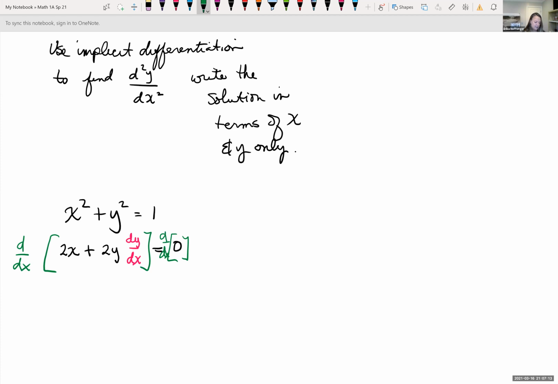so the derivative of 2x, that is just 2. And it was in terms of x, so I don't have to worry about it. The derivative of 2y, though, that is 2 times 1. And then dy dx. Actually, let's talk about this. This here, though, is a product.